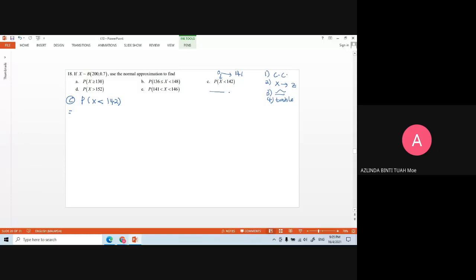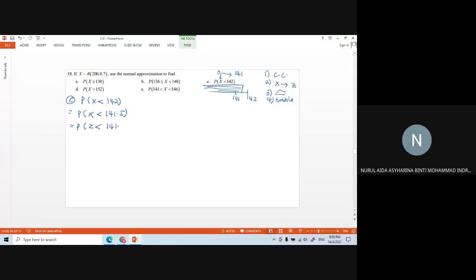So kalau buat number line starting from 0 until 141, P X less than 141.5. Alright. So continuity correction, X less than 141.5. Standardize, convert to Z, Aida.